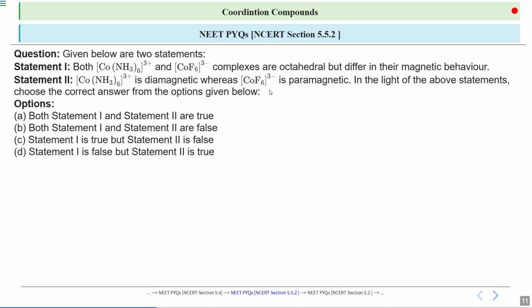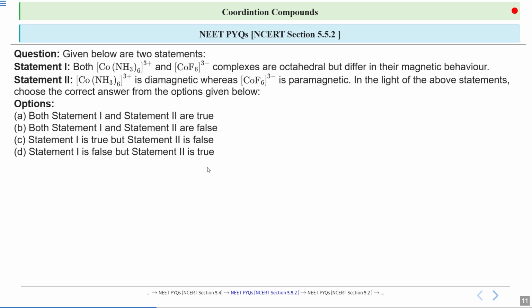In the light of the above statements, choose the correct answer from the options given below. What are the options? Both statement 1 and statement 2 are true. Both statement 1 and statement 2 are false. Statement 1 is true, but statement 2 is false. Or statement 1 is false, but statement 2 is true.